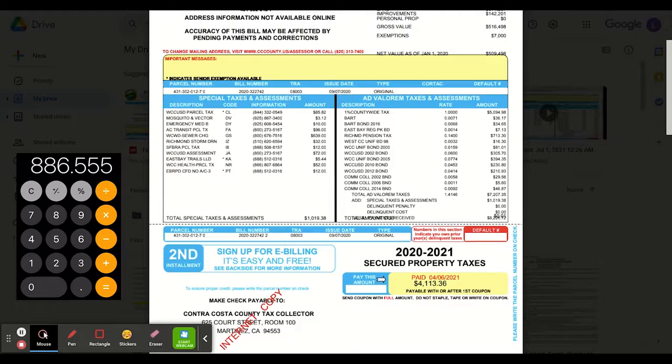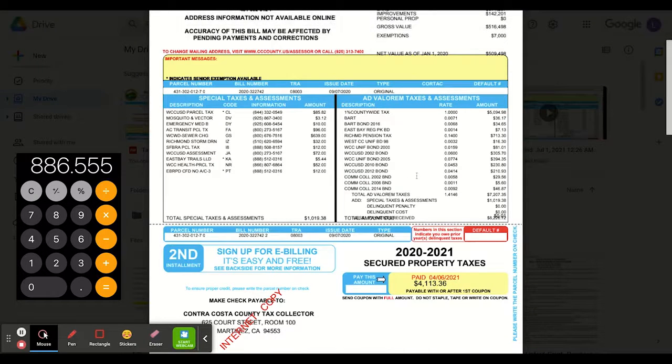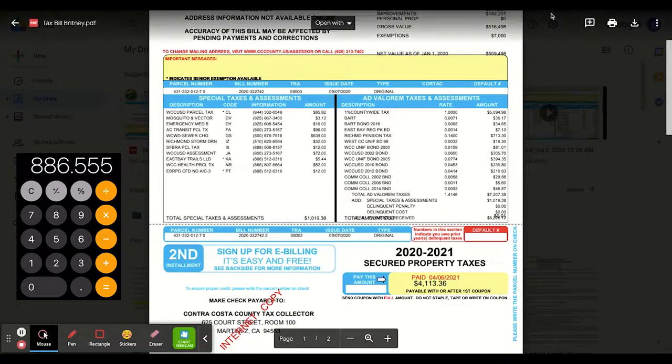Basically, a lender has to decide how much they're going to loan you. And if your taxes are higher, they're going to actually loan you less so that you have enough to pay your bill. Really confusing, kind of a lot of math here, but that is how we keep you from overextending yourself when you're putting your offer in.